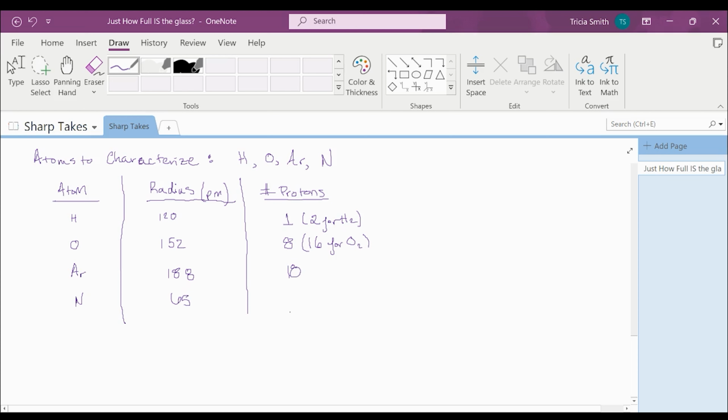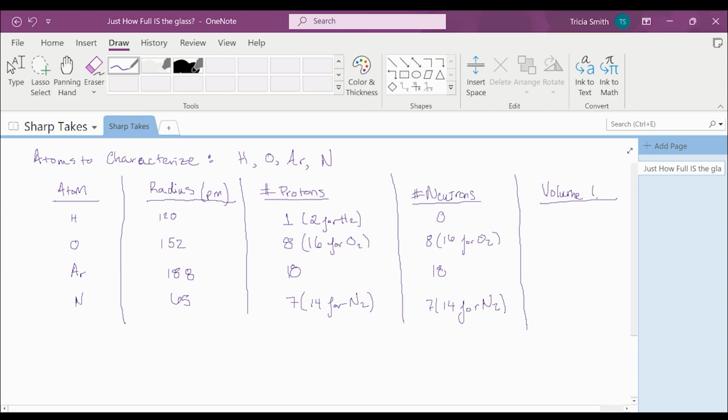Nitrogen has 7. Oxygen has 8, or 16 for O2. Argon has 18, and nitrogen has 7, or 14 for N2.